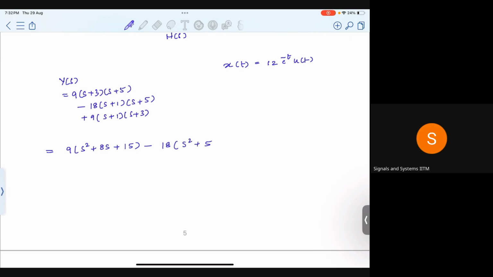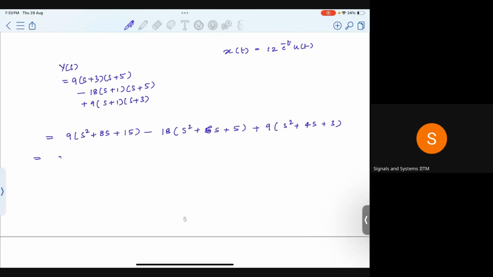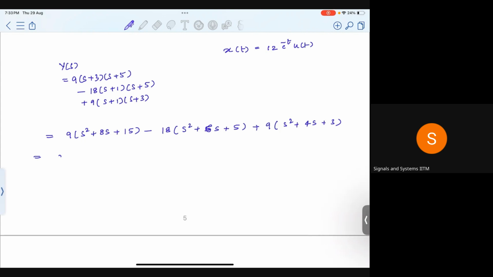This is correct, right? So the s square terms are cancelling out. Others are also facing the same problem with the calculation.